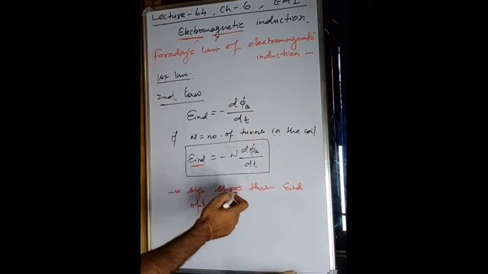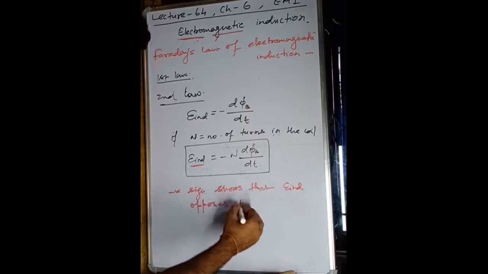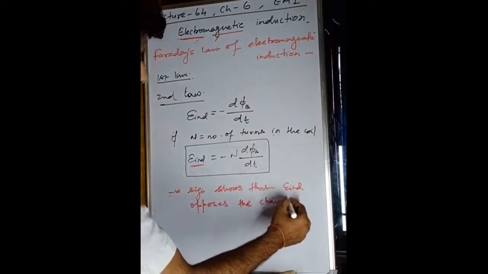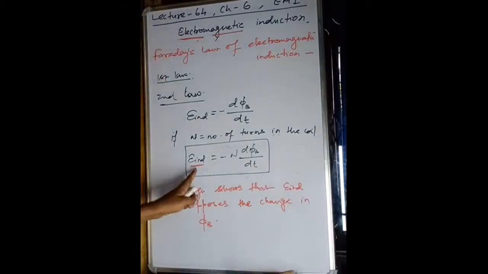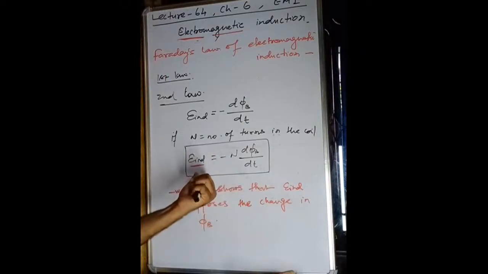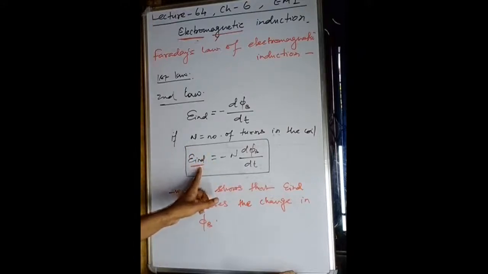The negative sign shows that the EMF induced opposes the change in magnetic flux. What does it mean? The EMF induced actually opposes the cause that has induced it, and this is Lenz's law. What is the cause?